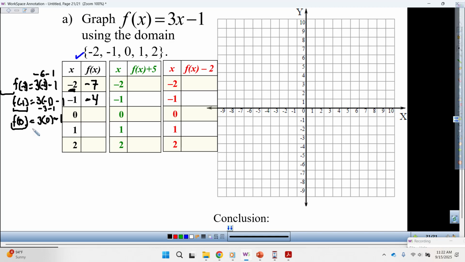So the left side stays the same. 3 times 0 is 0. What is 0 minus 1? Negative 1. Do it again. F of blank equals 3 parentheses minus 1. Next value is 1. 3 times 1 is 3. What is 3 minus 1? That is 2.